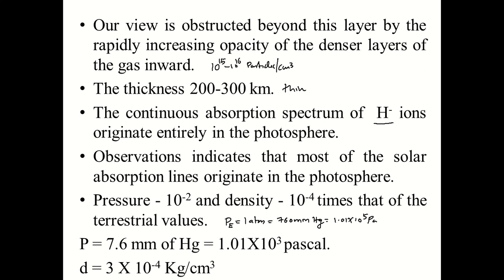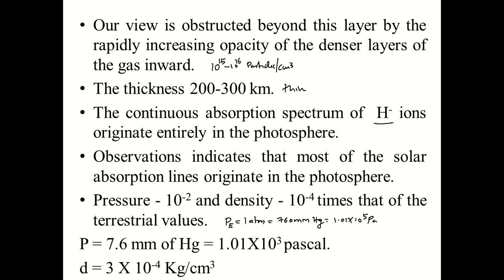But the atmospheric pressure of the photosphere is 10^-2 times that of this terrestrial value. So the pressure on the photosphere layer is 7.6 millimeters of mercury, or 1.01 × 10^3 pascals.